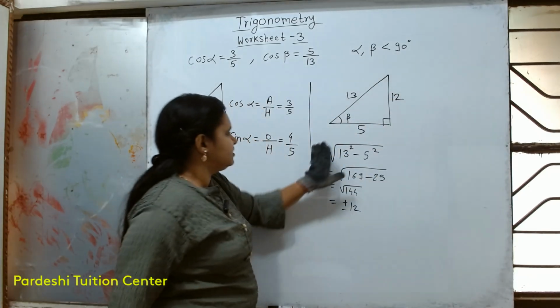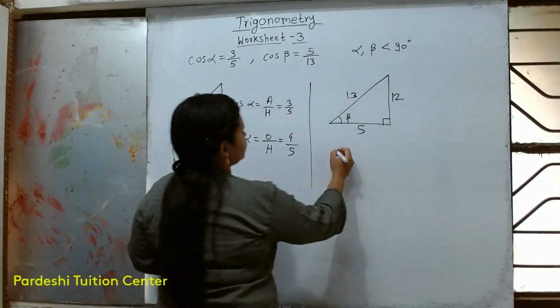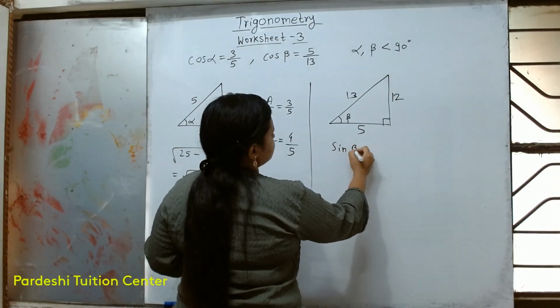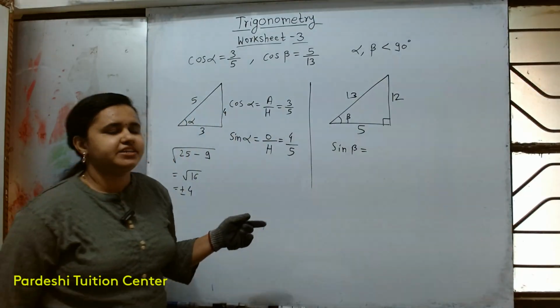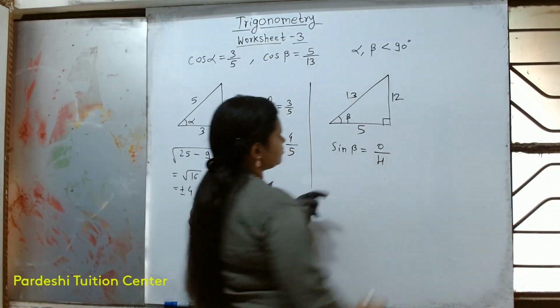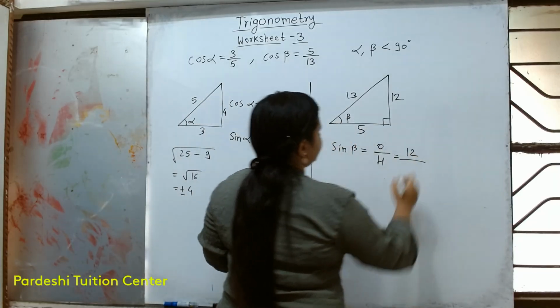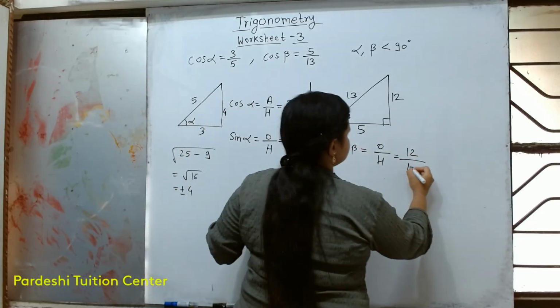Okay. Now, from this we can calculate sin beta. What is formula ratio for sin beta? It is opposite upon hypotenuse. So, opposite side of beta is 12 and hypotenuse is 13. Okay.